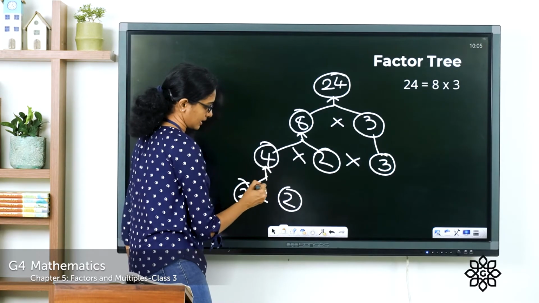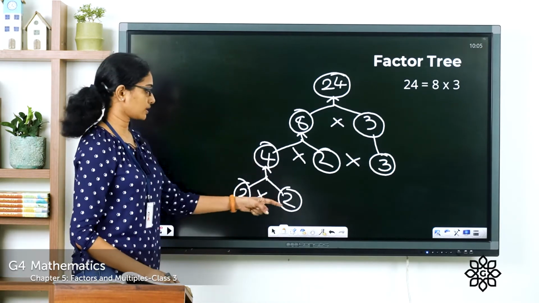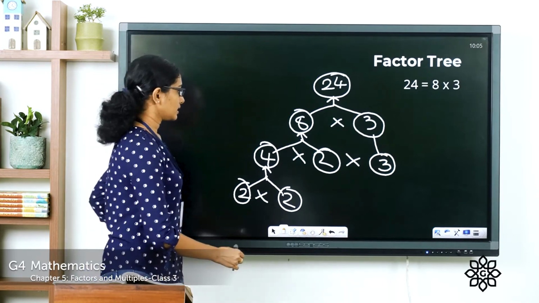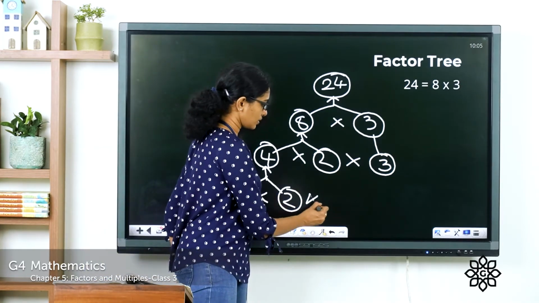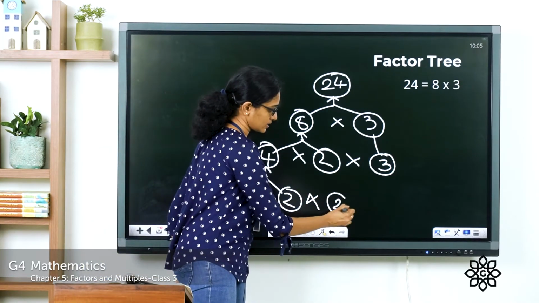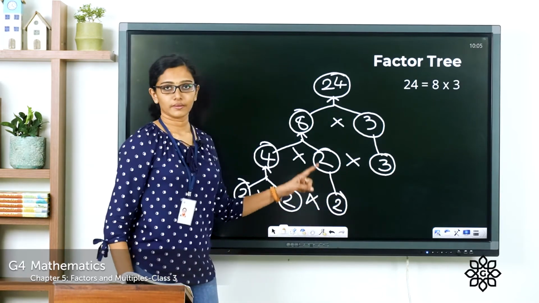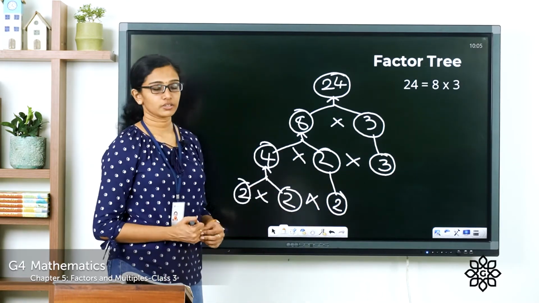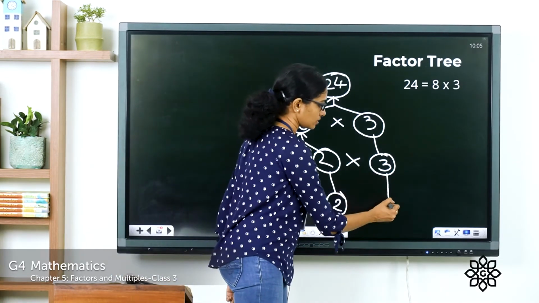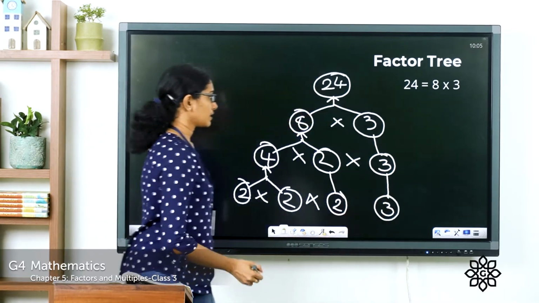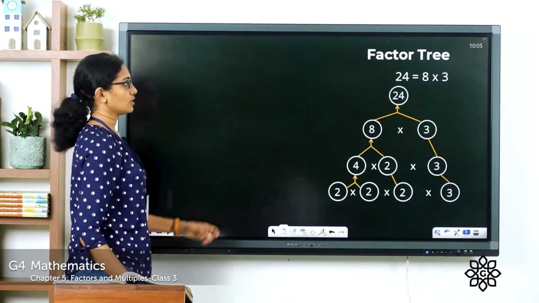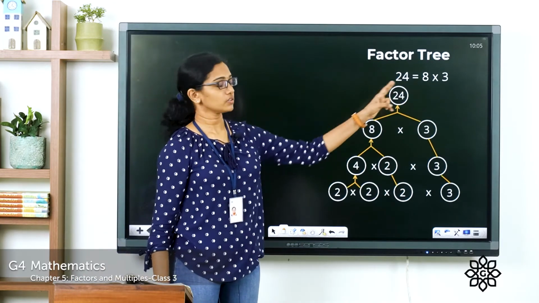So we are drawing the arrows to represent this 4 was broken down into its factors. Now bringing this 2 down, we have 2 inside the circle. Don't draw an arrow here, just draw a line here and bring down this 3. So here we have the factor tree for 24 is equal to 8 into 3.